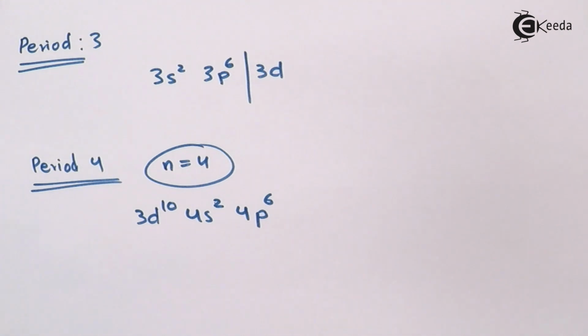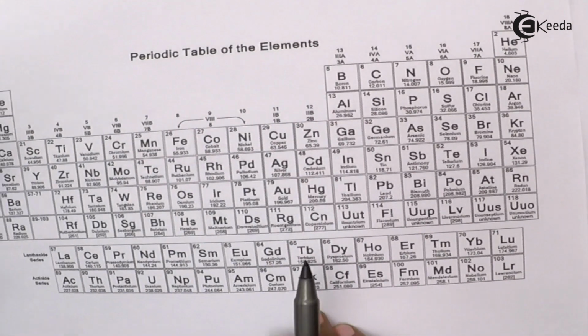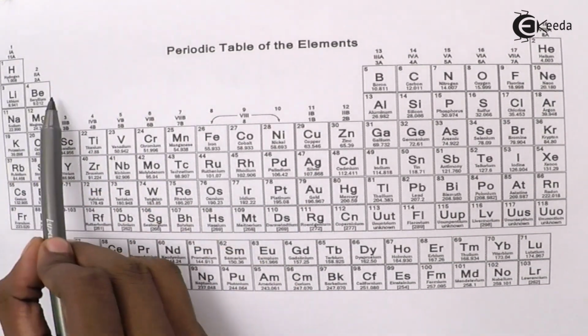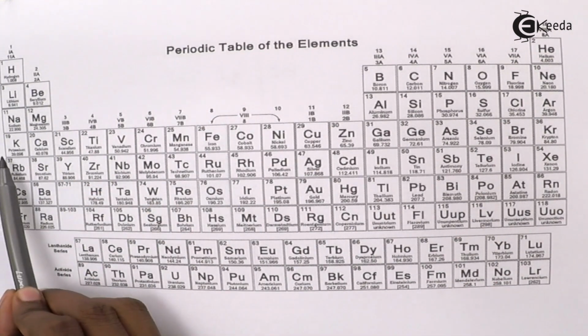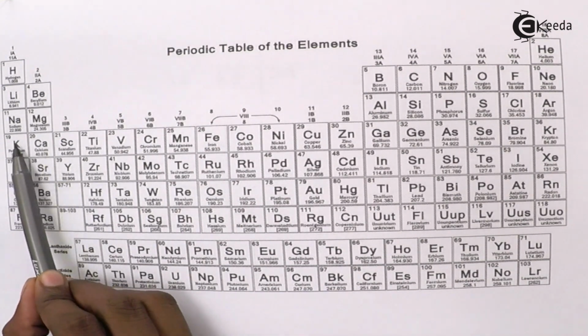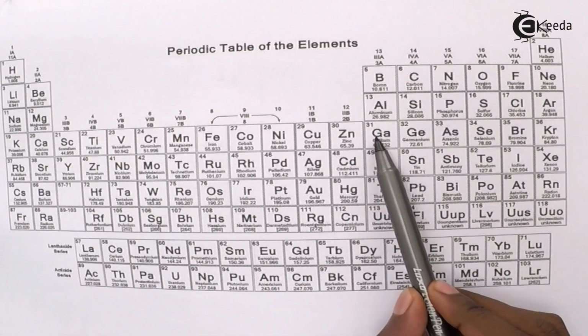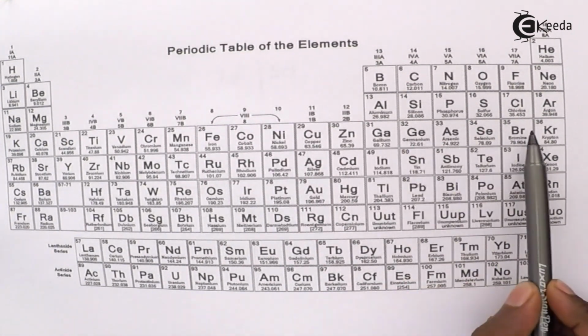So let us see whether it is valid or not. In the period 4, that is 1, 2, 3 and 4, this is the fourth period we are talking about, and these two belong to the 4s, or the s block, while these belong to the 4p6 that we had.